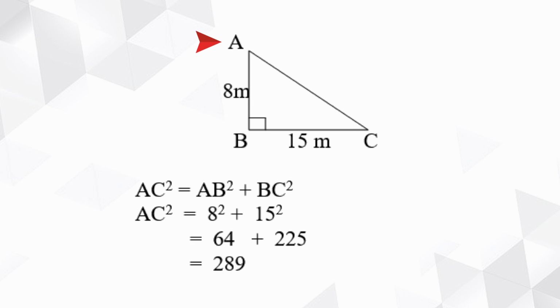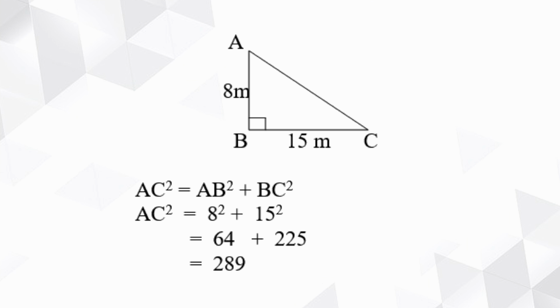Let's look again at your sketch from the swimming pool to Steve's house. If point A is the pool, point B is the shop, and point C is the house, let's write in the measurements. AB is 8 meters, BC is 15 meters. Pythagoras' theorem states that AC squared is equal to AB squared plus BC squared.